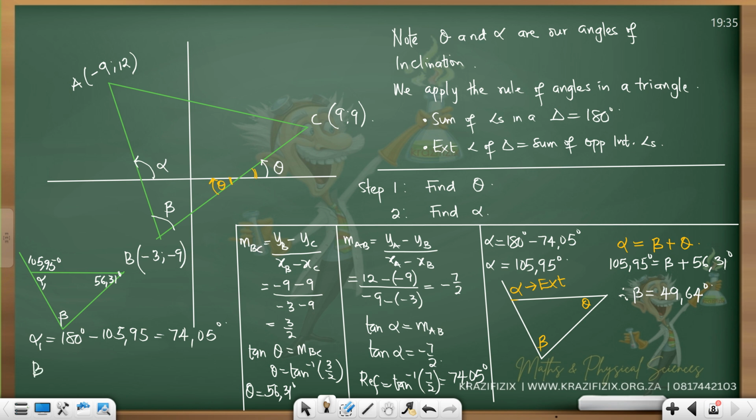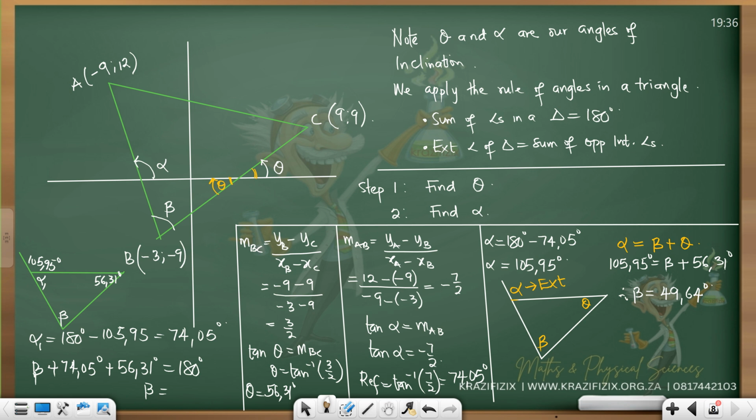And then we can use sum of angles in a triangle. Beta plus 74.05 plus, can you see this one is a bit long? But it's okay, no one is forcing you. Can we confirm that answer? Use your calculator. Are we still getting 49.64?